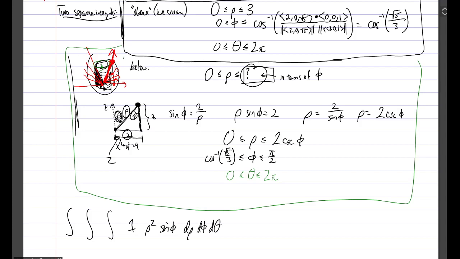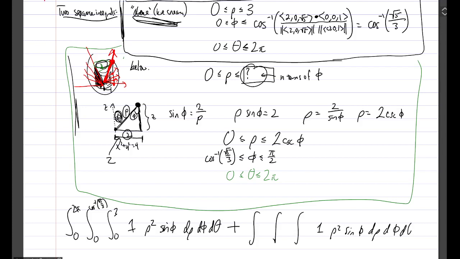And then for this ice cream part above, rho from 0 to 3, phi from 0 to cosine inverse of root 5 over 3, and then theta from 0 to 2 pi, plus another triple integral, 1 times rho squared sine phi d rho d phi d theta.